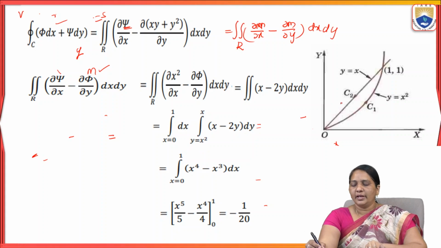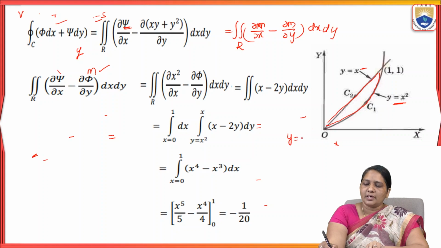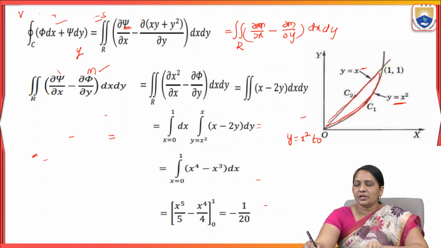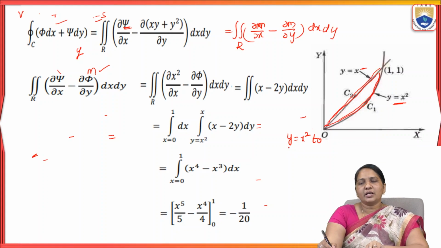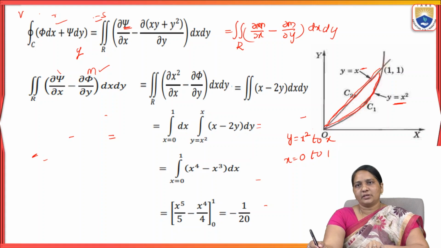We are taking the region between the two curves y equals x square and y equals x. The y limits are x square to x, because the curve starts from one and ends at the other. The x limits are 0 to 1 according to the intersecting points, which I already discussed in the earlier step.